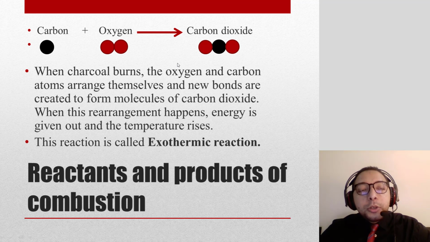Good. You might have a question asking you to figure out which is the product in a word equation. You need to know that whatever is found after the arrow is called the product. So carbon dioxide is a product, while oxygen and carbon are both called reactants.